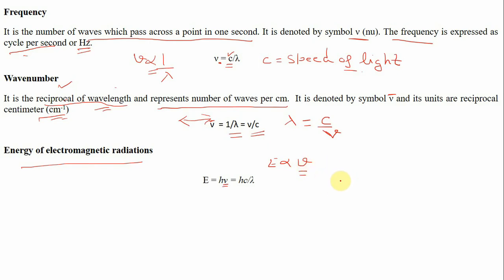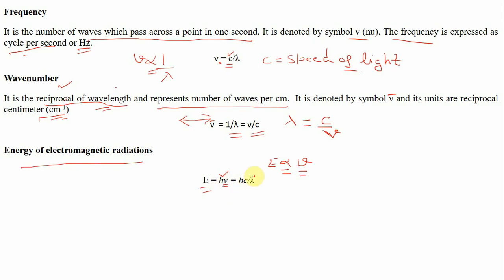That means the lesser the wavelength, the more the energy. And if you remove the proportionality sign, then we have to replace it with some constant, and that constant is h, which is Planck's constant. So we can write energy is equal to h nu, where nu is the frequency of electromagnetic radiation, and h is Planck's constant.